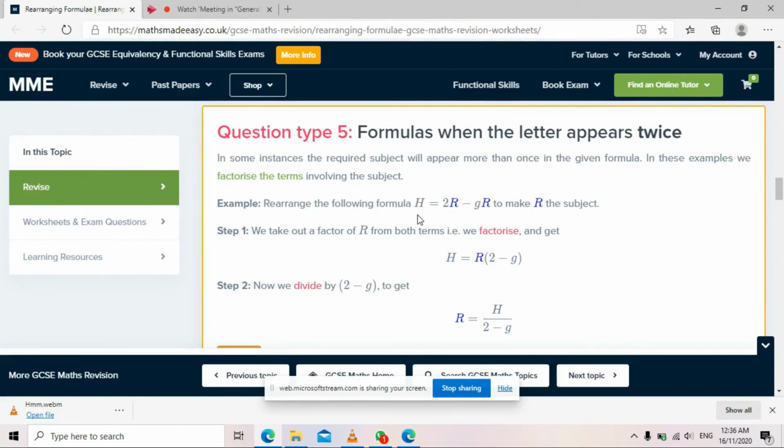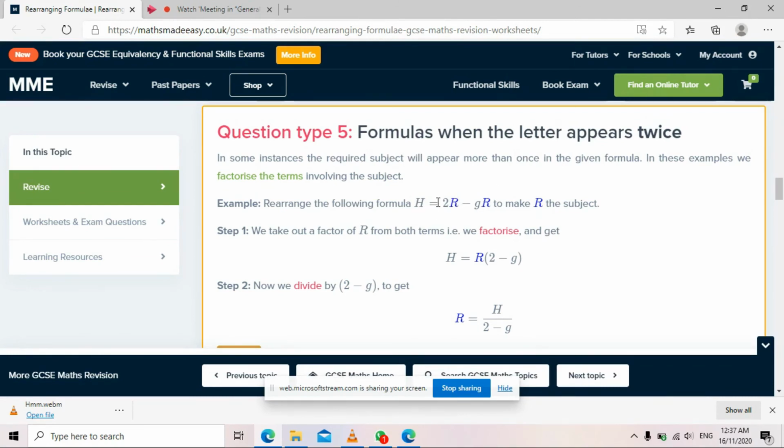Next we will learn how to solve formulas when the letter appears twice. As we can see, R appears twice, right? So we will use R as the subject. How do we make it?